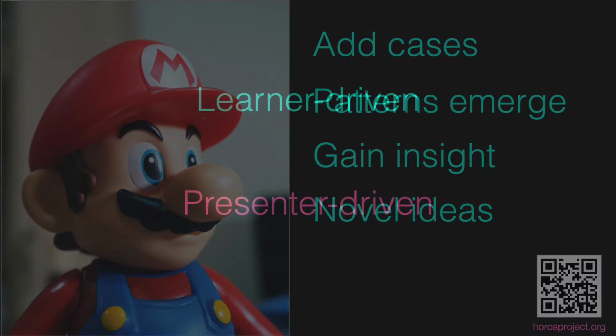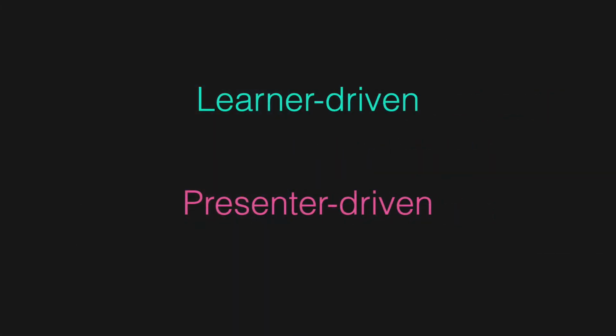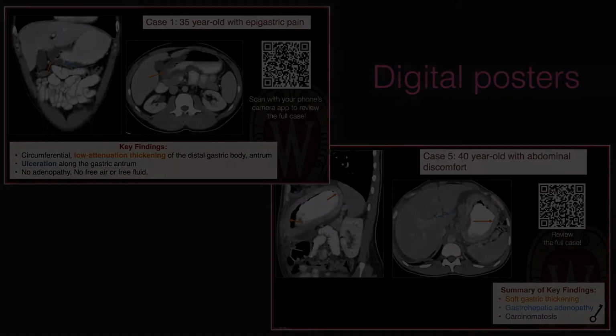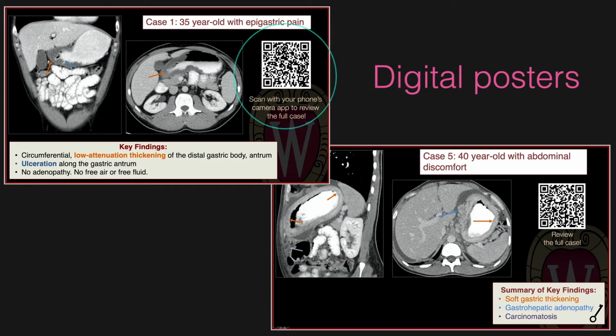This talk will cover several techniques for introducing scrollable cases into your teaching, which can be either driven by the learner or driven by the presenter, and we'll start with how learners can access scrollable cases in our digital posters. The application for digital posters is very straightforward, and our specialty is already primed for it. We already use this basic case presentation format for educational material and usually rely on a few static images.